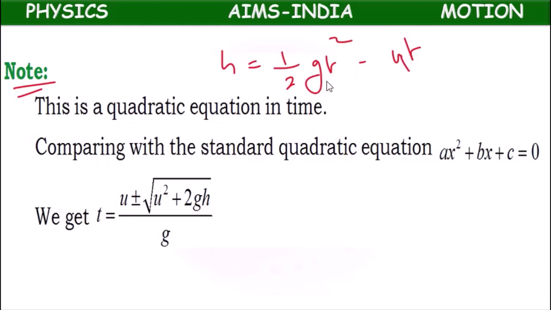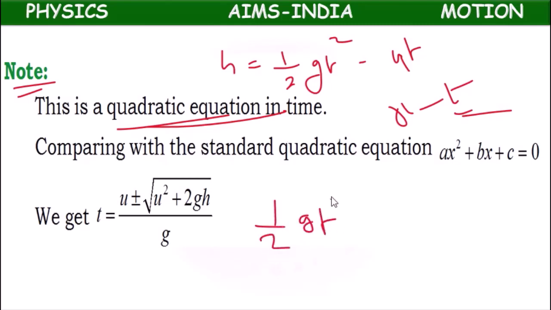It is of the form ax square plus bx plus c, where in the place of x we have t. It's a quadratic equation in time, children. We can write it as half gt square minus ut minus h equals 0, where h comes to this side.